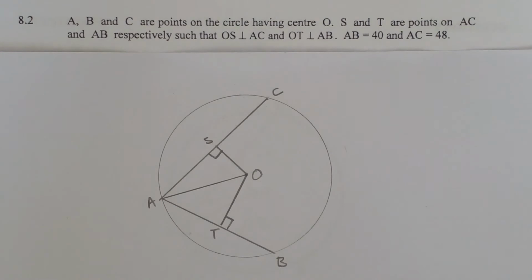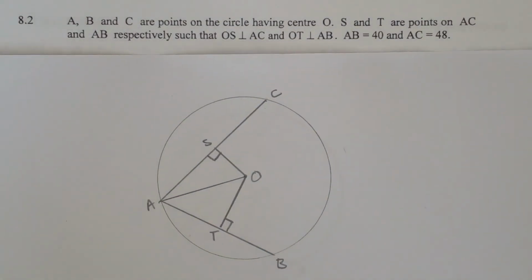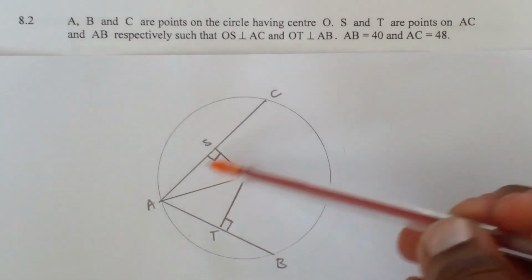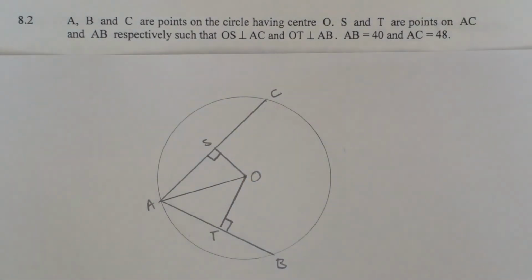Let's see how we answer this one. A, B, and C are points on the circle having the center O. So now we know O is the center. S and T are points on AC and AB respectively, such that OS, this line here, is perpendicular to AC and OT is perpendicular to AB. What else do we know?